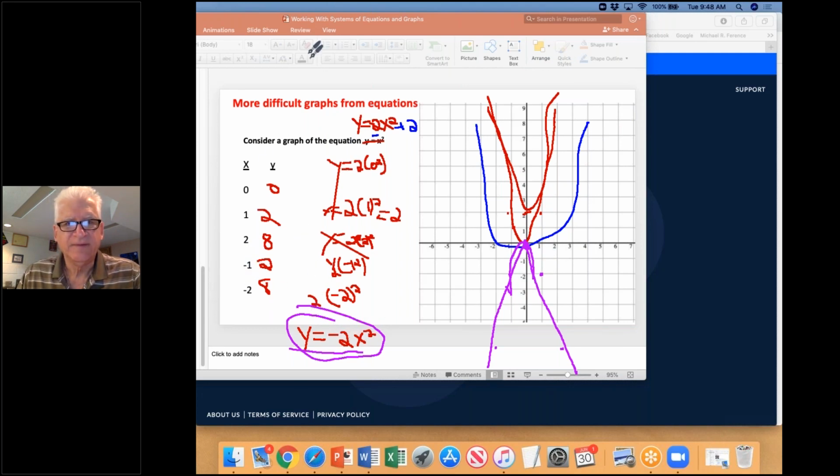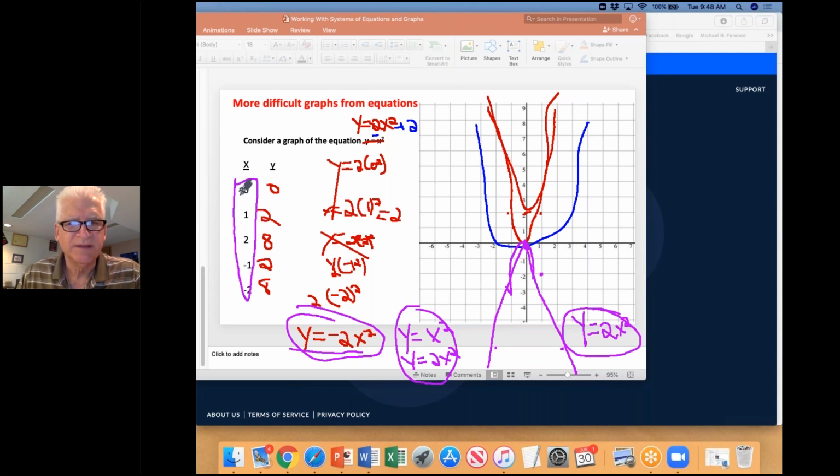So whether it's y equals x squared, or y equals 2x squared, or y equals negative 2x squared, all I have to do is plug in x values, come up with a y value, and I have ordered pairs that I can turn into points that I plot on the graph, like I did here.